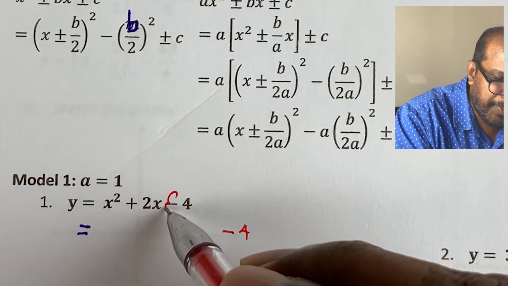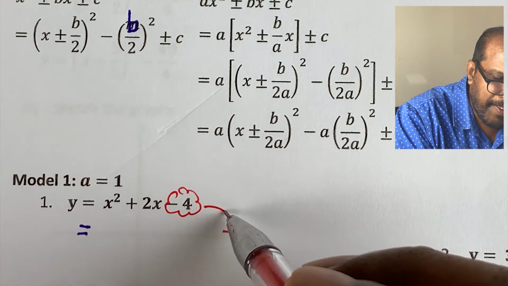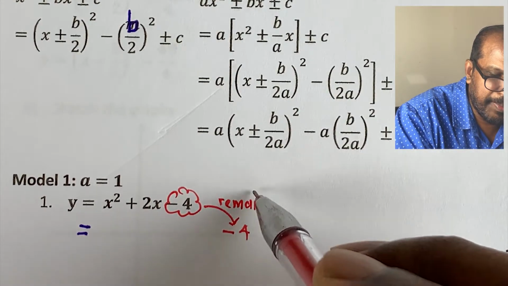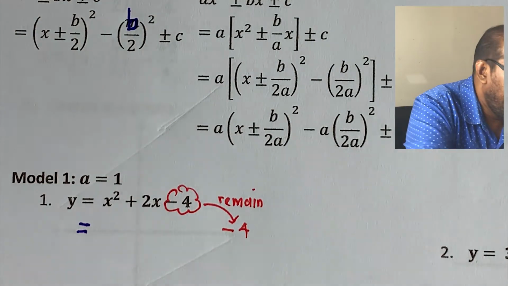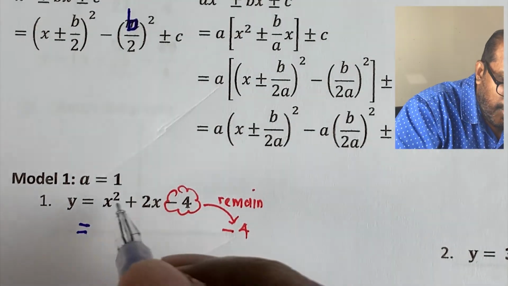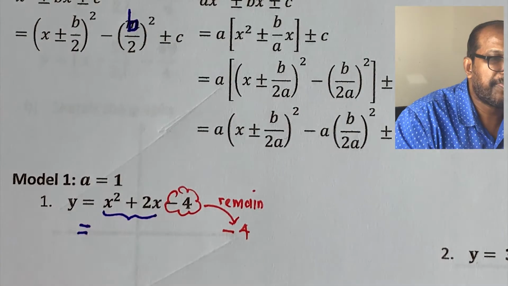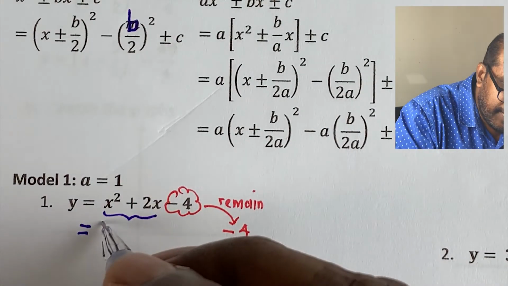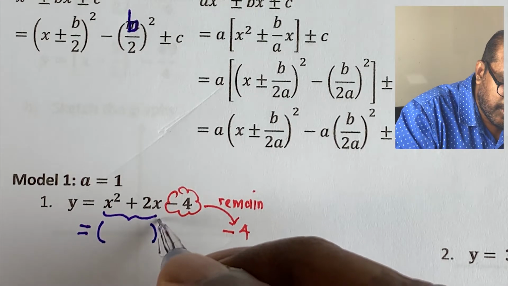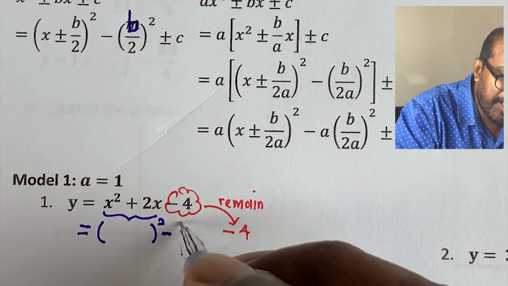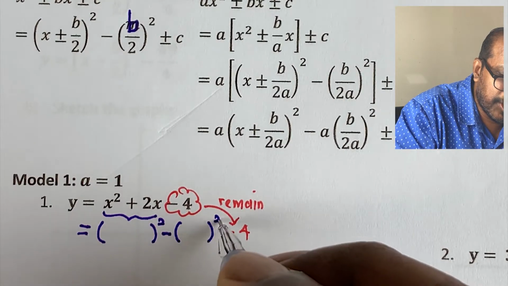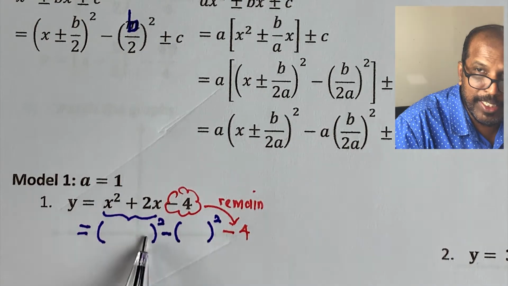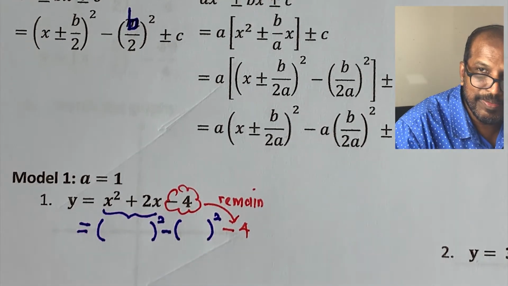The completing the square only happens on the other part. You put two brackets, square the brackets, and minus the two brackets.